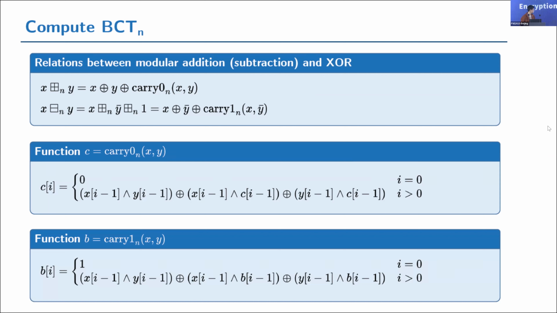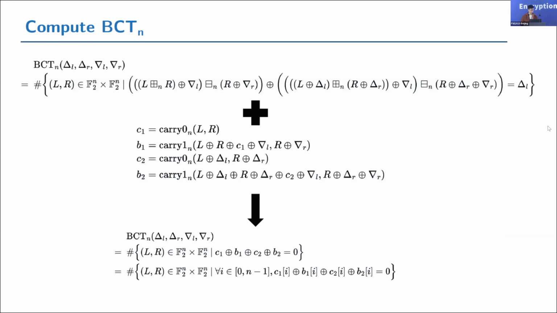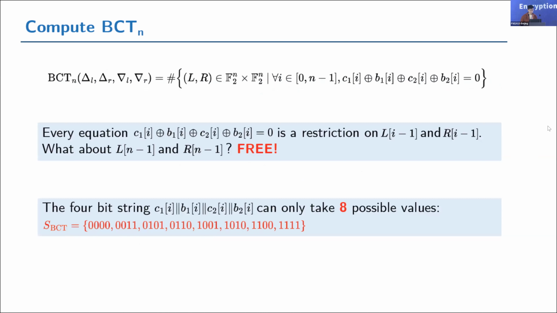For example, the i-th bit of the carry only depends on the previous bits of X, Y, and C, so does B. This is an important property for our algorithm. With these 2 equations, we can rewrite the definition of the BCT into a much simpler form.